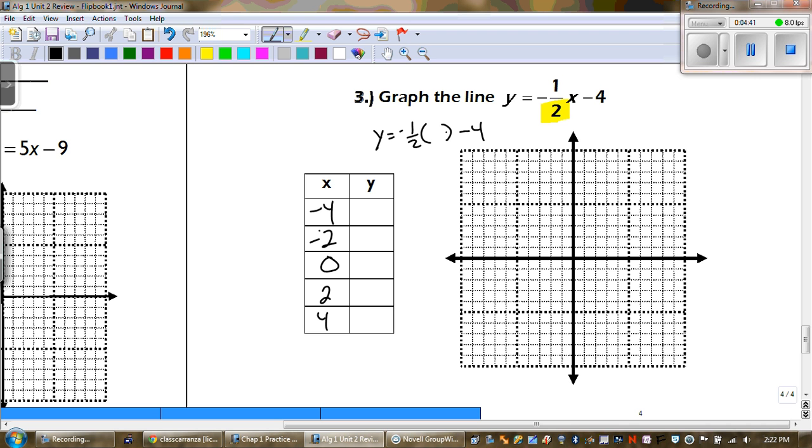So I'm going to pause the video, or you guys should pause the video, and see if you can fill in those points all by yourself. Good luck. Okay, there are all the points. And now I'm going to go through and graph it.